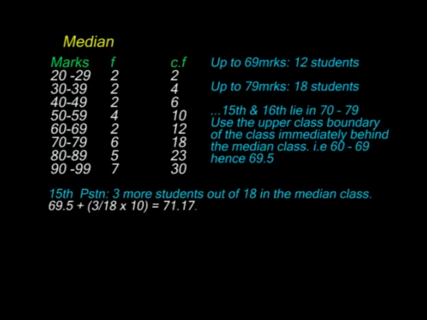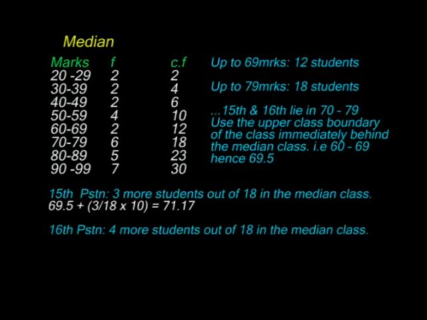Next, we consider the 16th position. Our median lies in 2 positions. To get there, we need 4 more students from the class up to 69.5. We had 12 students, so to get to the 16th position, we need 4 more students, and we are getting them from the median class, which is next.